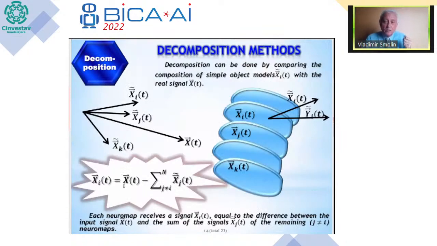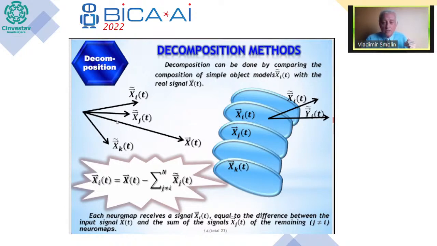The next central idea I would like to outline is that to make the decomposition, we should try to make a model of the input signal. The neural layer which is making maps should be not only for one map, and not for 2 or 3. It should be for many maps.